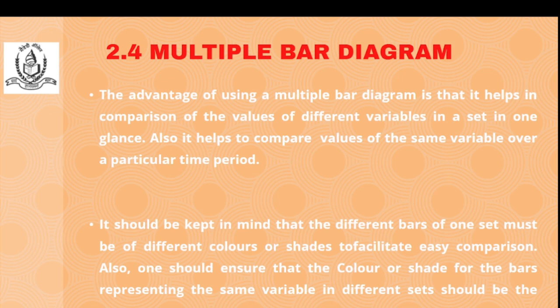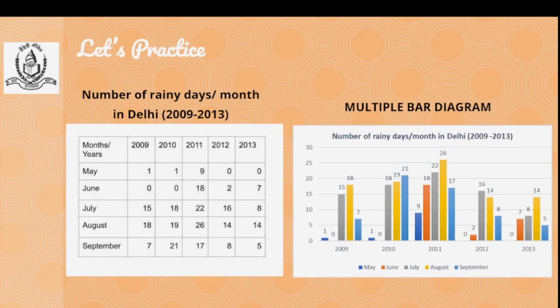Also, one important point to keep in mind is that different bars of one particular set must be of different colors, because it facilitates easy comparison. But the bar representing the same variable should be in the same color throughout your bar diagram. That is what was represented in the last diagram that I have already shown.